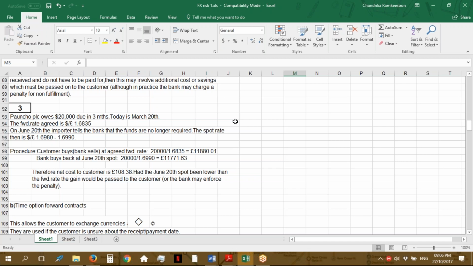This was an importer, and the importer had entered into an arrangement to buy the currency in 2 or 3 months. But in the scenario, they never got the goods, so they didn't need the money anymore. This shows you the procedure where the bank would make the customer close out the transaction. So at least you have an example to rely on.